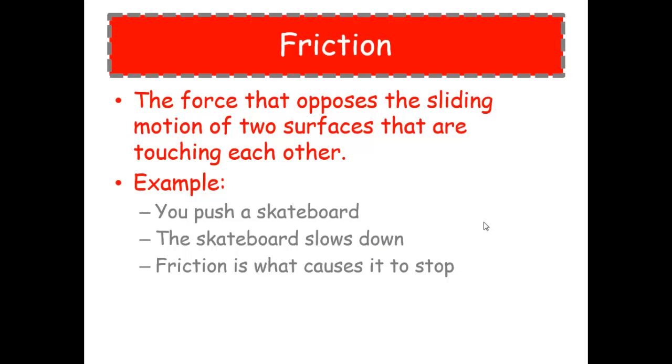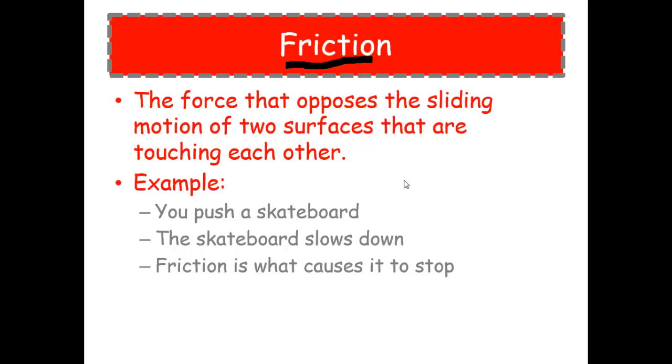When an object actually moves, when you get that unbalanced force, you get something called friction. Friction is simply the force that opposes the sliding motion of two surfaces touching each other.